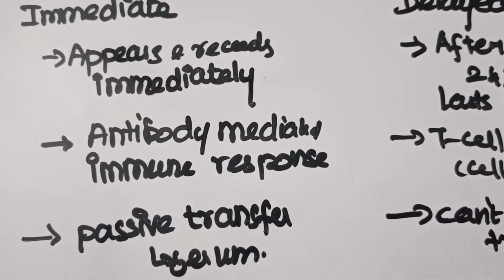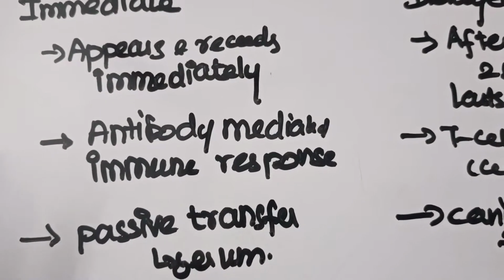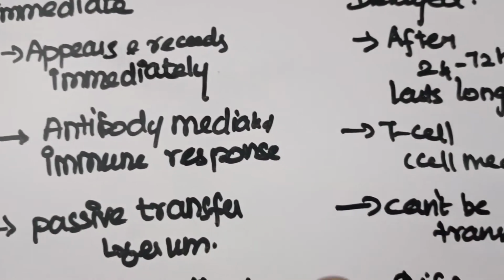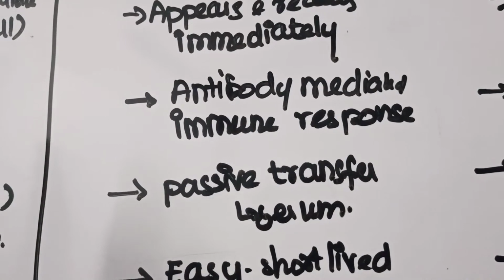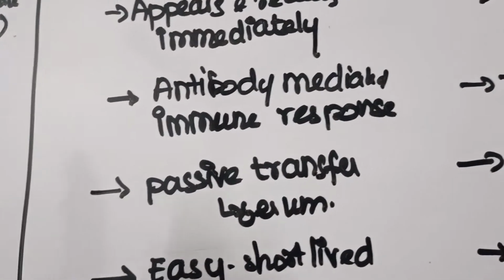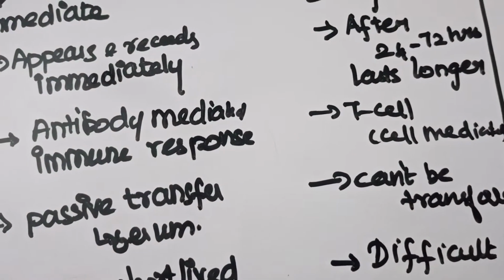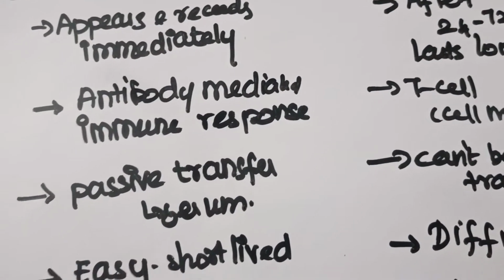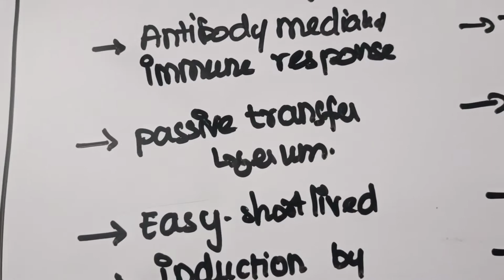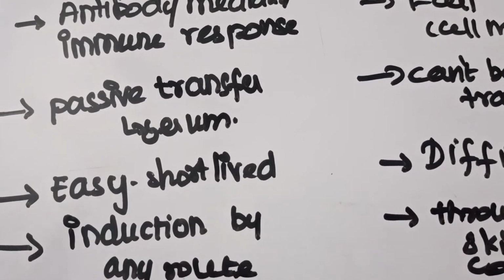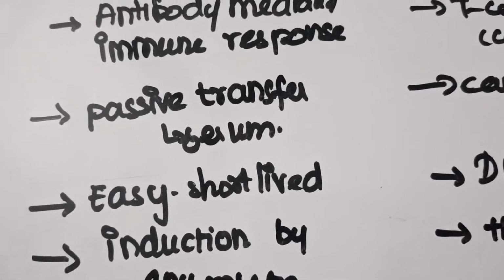And it transfers passively, whereas this does not transfer. This immediate response is short lived and it is easy, whereas the delayed type is difficult and it lasts longer. Immediate can be induced by any route, whereas the delayed is through direct contact.